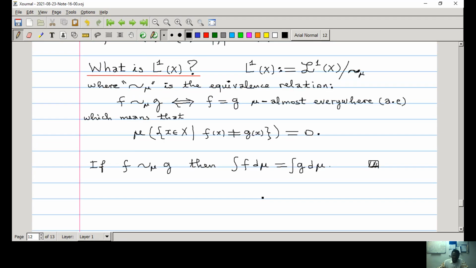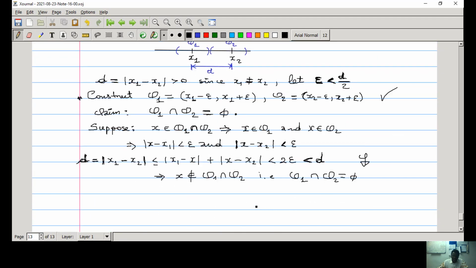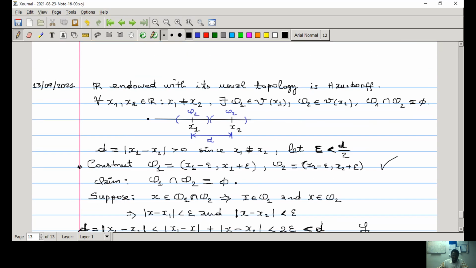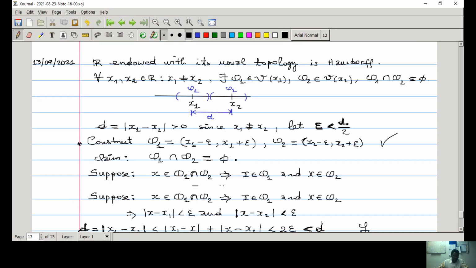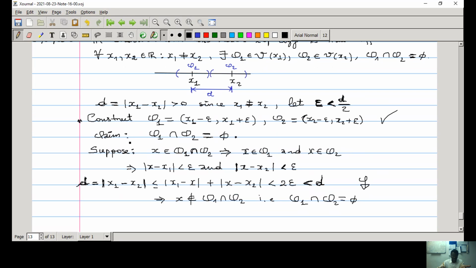So we are done: R with its usual topology is Hausdorff. You can do the same thing for an arbitrary metric space, using balls centered at a point with a certain radius. The proof is exactly the same.